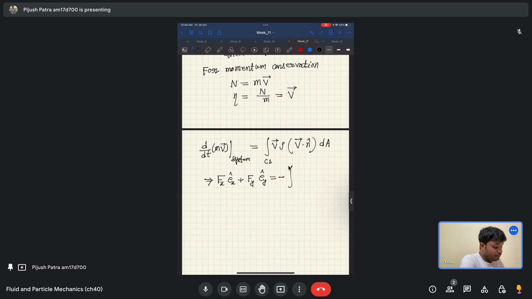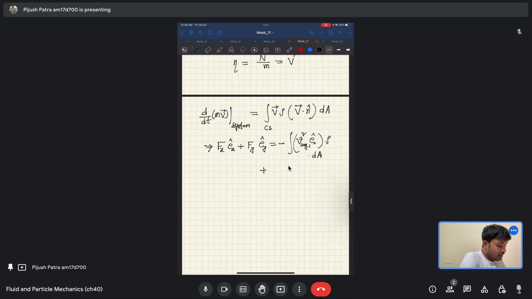What is v? It will be v average 1 into ex cap, that is the first term, into rho into v dot n, that minus sign I have already taken care of, and v dot n is also v average, so it is rho v average square into dA.